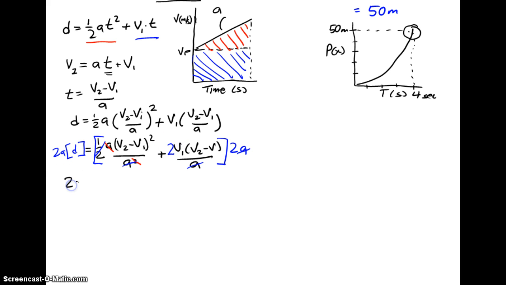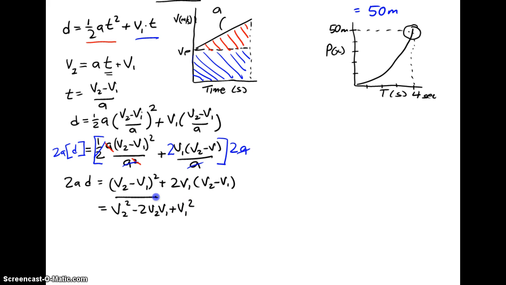Okay, so I get around to 2ad is equal to v1 minus v2, that value squared, plus 2v1 times v2 minus v1. Let's multiply all that out. We got our binomial here, so I'll have v2 squared minus 2v2v1 plus v1 squared. That takes care of that term.